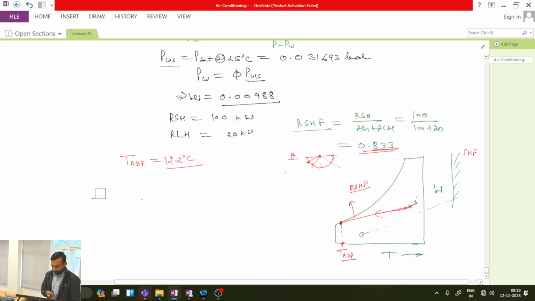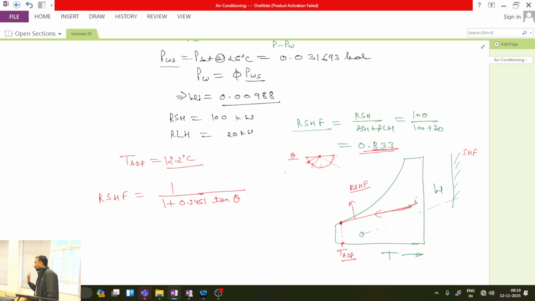RSHF, room sensible heat factor, is equal to 1 divided by 1 plus 0.2451 into delta W by delta T, which was nothing but equal to tan theta. All are having this formula or not?